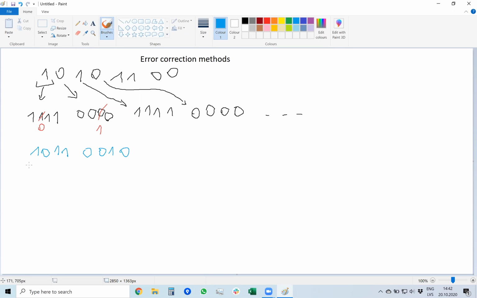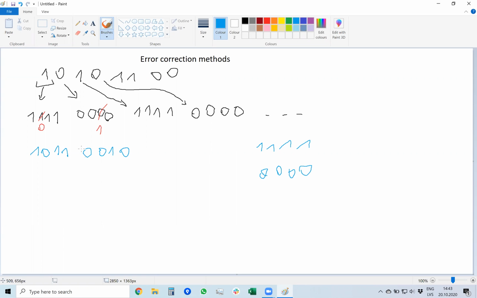The receiver looks at the input and compares it to the original codes. The only possible bit strings that it should have received are 1111 or 0000. It should not have received anything else.